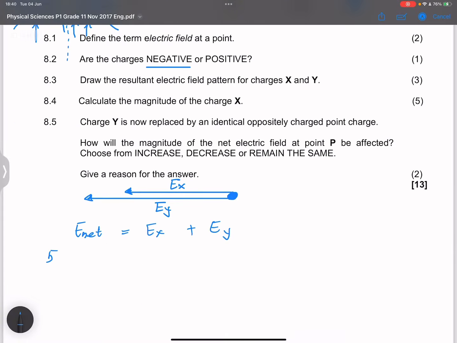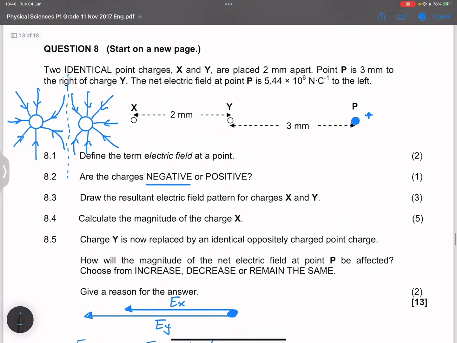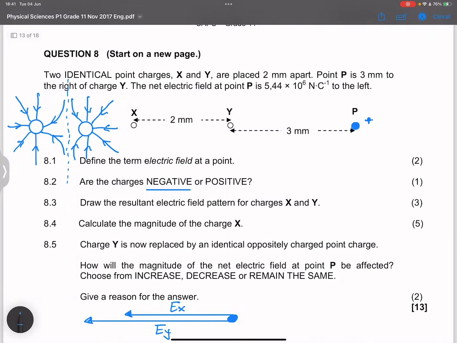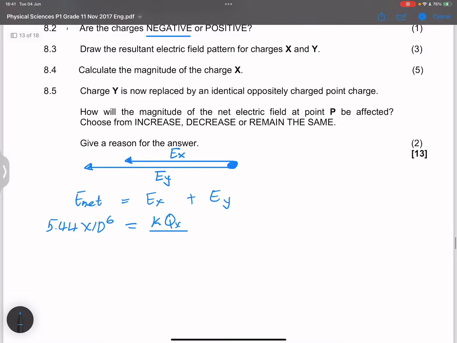So that's 5.44 times 10 to the exponent 6, right? And we know this is going to be KQX over, now, if you notice the distance between X and P, that would be 2 plus that 3. So that gives us 5 millimeters, so that would be 5 times 10 to the negative 3.